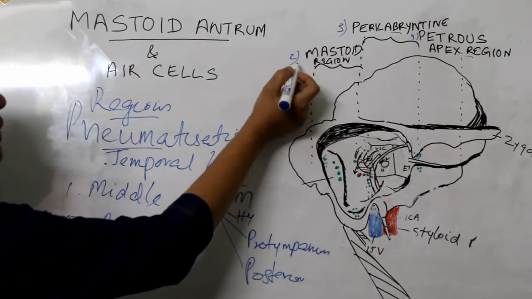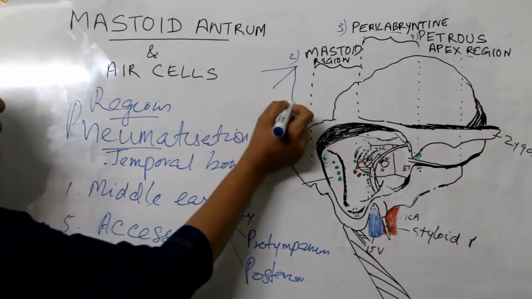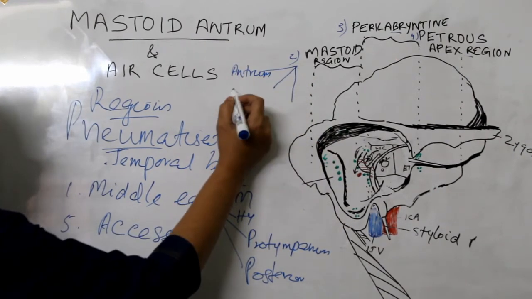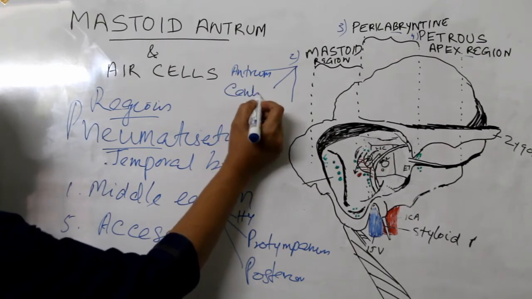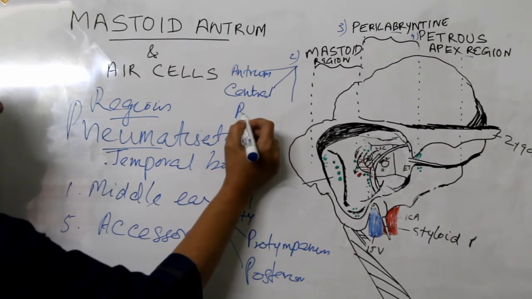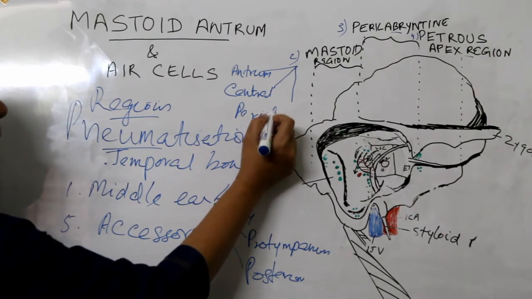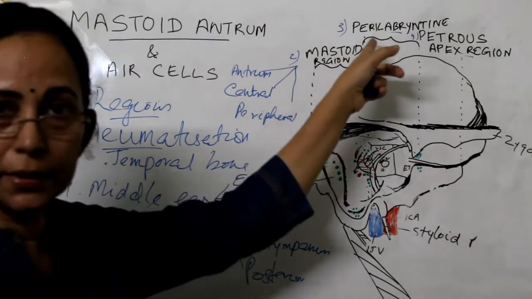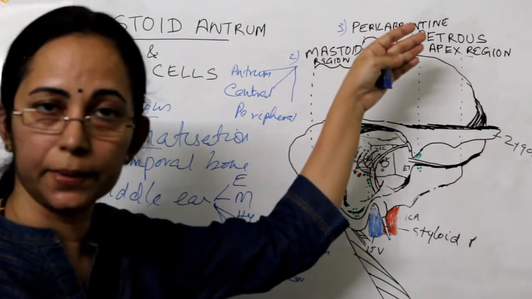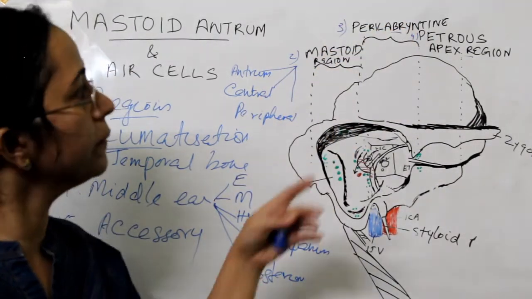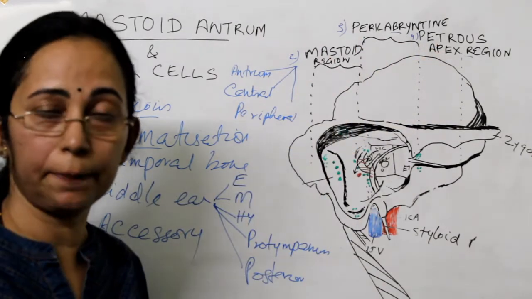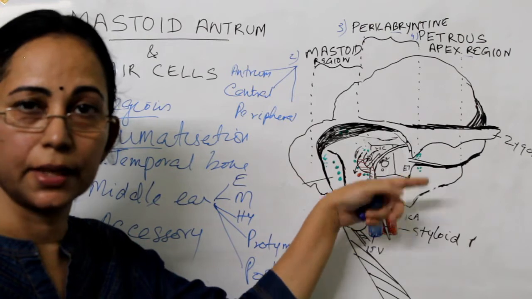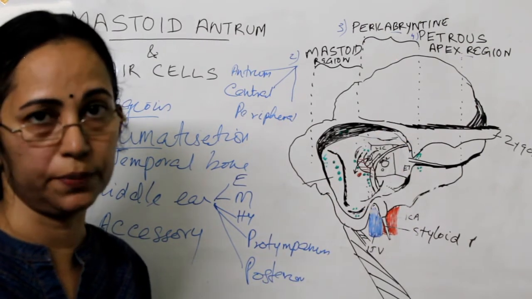And the mastoid region is divided into mastoid antrum, central mastoid and peripheral mastoid. Perilabyrinthine is divided into supralabyrinthine and infralabyrinthine. The petrous apex region includes the tubal region and the petrous apical region, apex of petrosa.